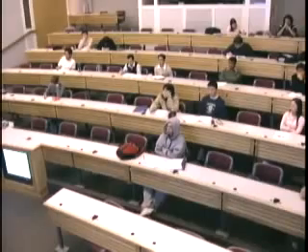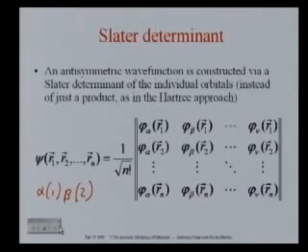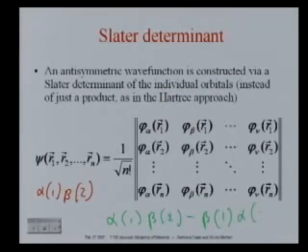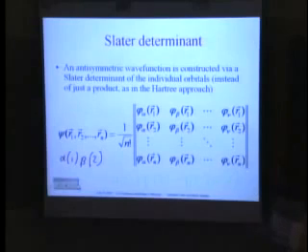But what we can do, without really increasing the complexity of the problem, that is, still dealing with just the need of describing two orbitals, is take as an ansatz for the wave function describing two electrons something that is alpha(1)beta(2) minus beta(1)alpha(2). So we still have two orbitals that we need to figure out. We need to figure out what is the shape of alpha and what is the shape of beta.